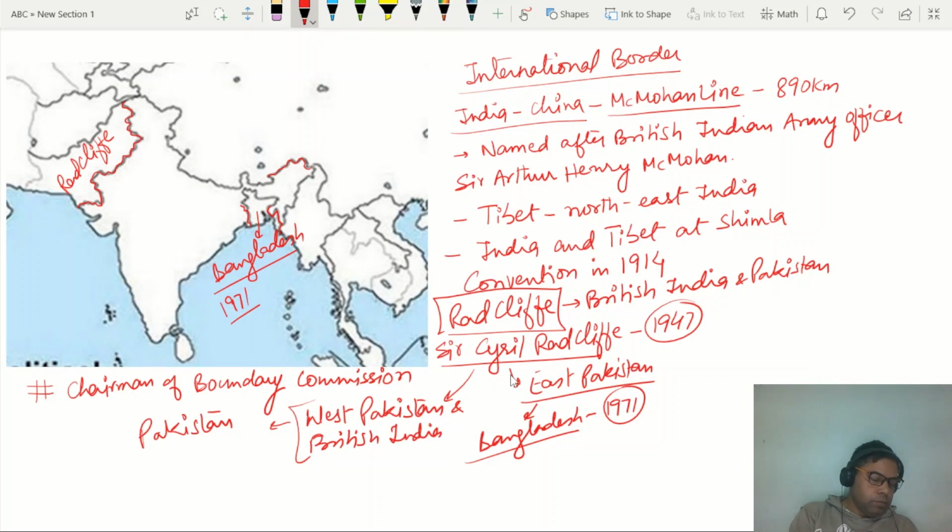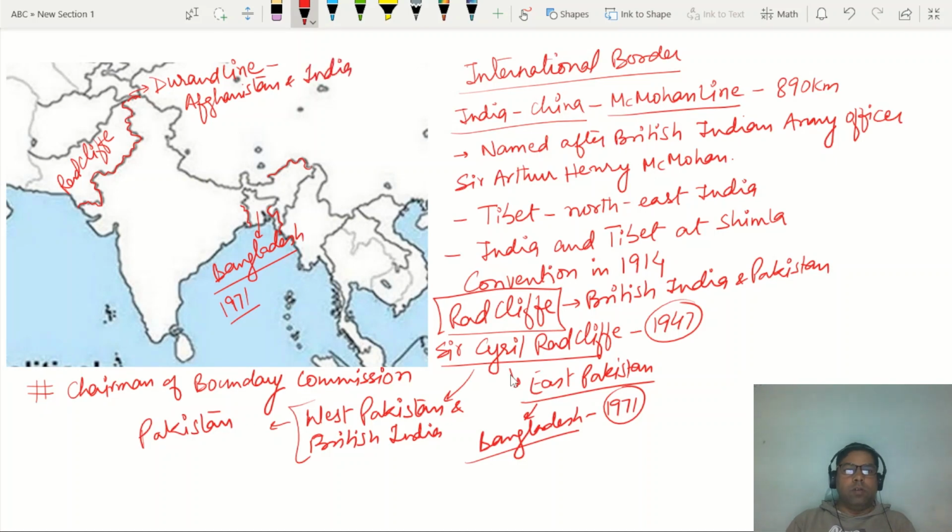Then the next line that comes to notice is the Durand line. The Durand line has very little significance because it is only the Afghanistan border. It is the division between Afghanistan and India.